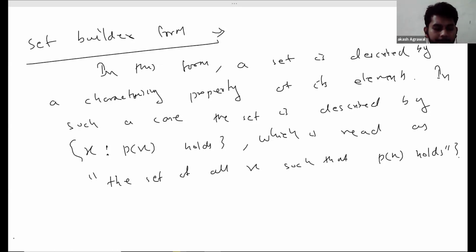Done everyone? Noted this? Done, sir. Okay. So what they are saying in this form, set is described by characterizing property. आप लोगों ने सुना होगा ना, स्कूल में सर या मैम बोलते हैं कि भाई इस क्लास के बच्चे सबसे ज्यादा गधे हैं, है ना?